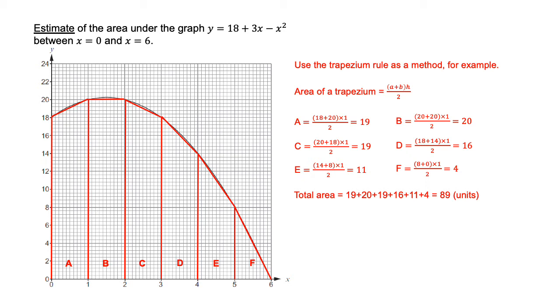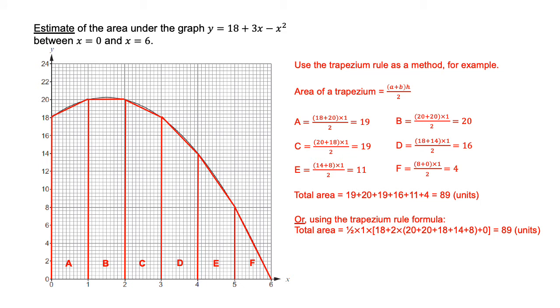Because if you look at, for example, strip B, you can clearly see that what we have is a rectangle there and the curve actually goes over it. So the area that we've got is definitely less than what the actual area would be of this graph between 0 and 6. Now some of you may be aware of the formula as well, so I've just added that for completeness.